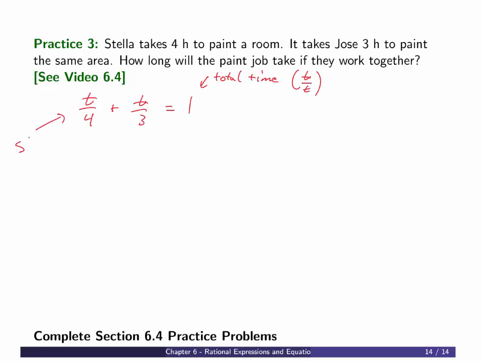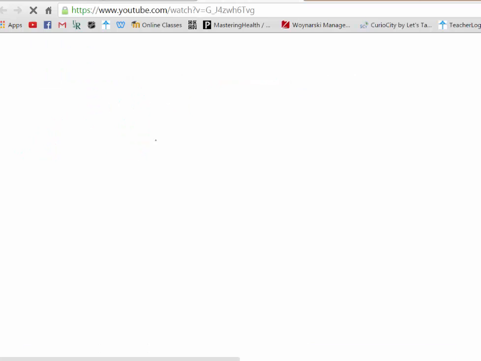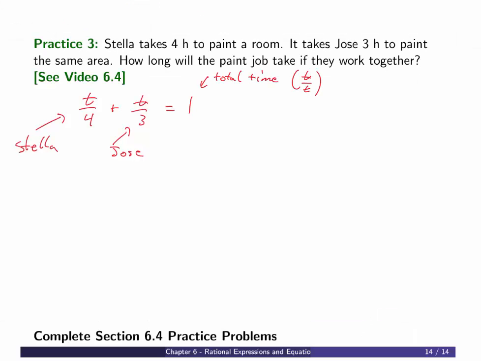This right here is Stella's, and this is Jose. So right now Jose is pulling most of the weight, whereas in the previous question Sheena was. Okay, so Jose is pulling most of the weight here, and Stella is doing basically less work.